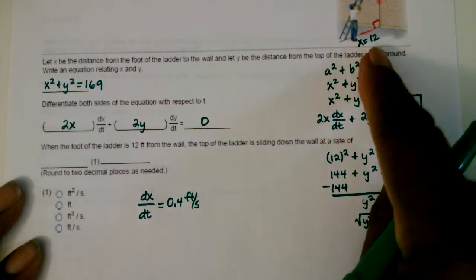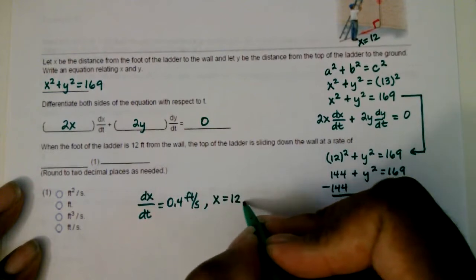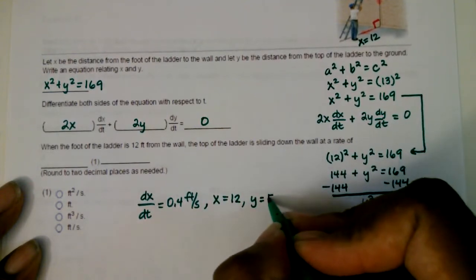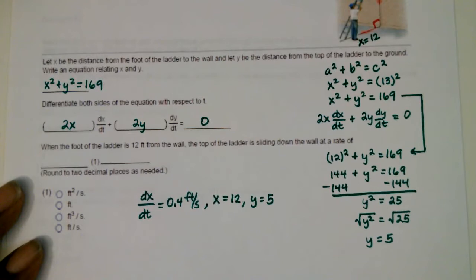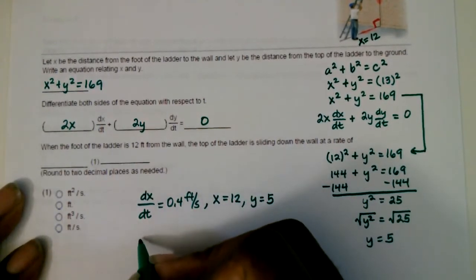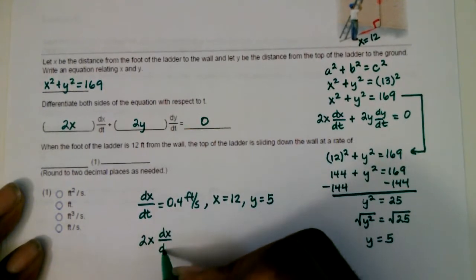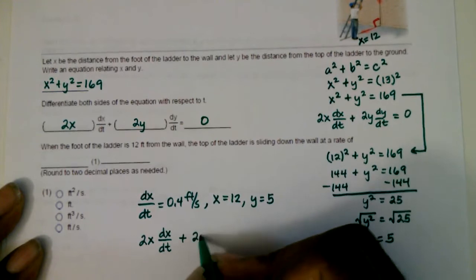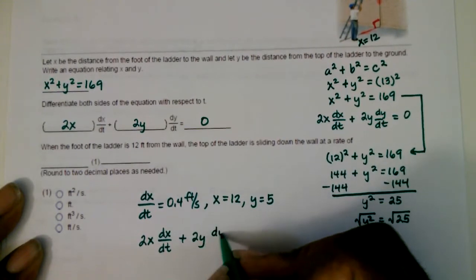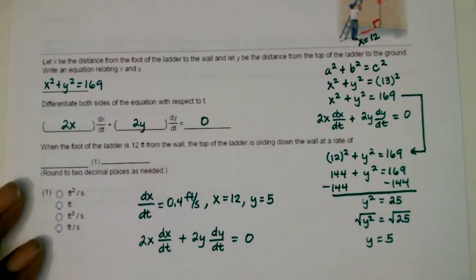And I already know what x is. That's going to be 12. And I know what y is. That's going to be the 5. And I already differentiated both sides of the equation with respect to time, which was 2x dx/dt plus 2y dy/dt, that's equal to 0.